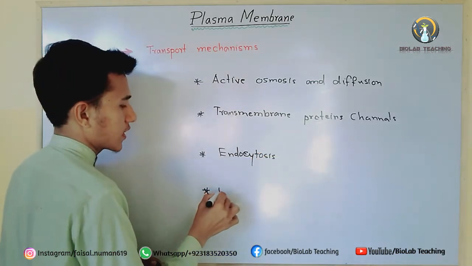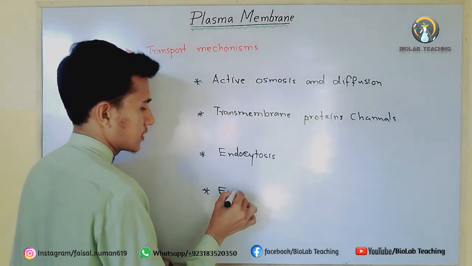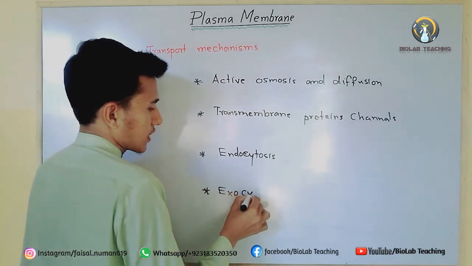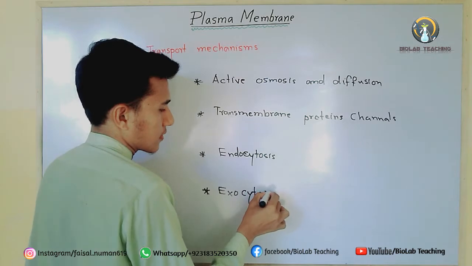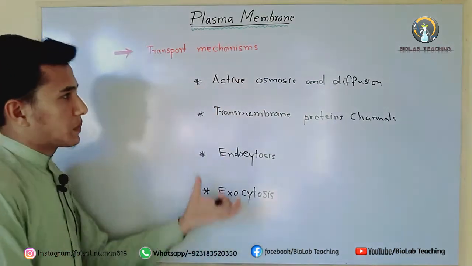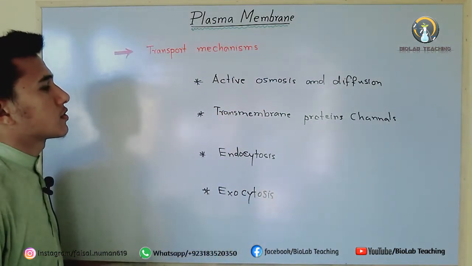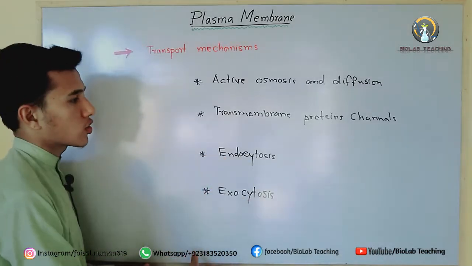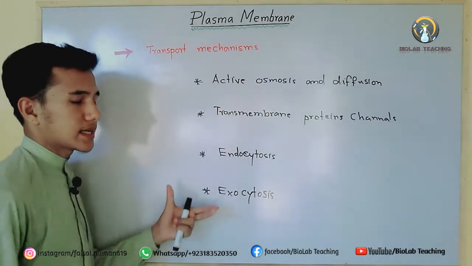And the fourth one is exocytosis. This is the fourth type of transport mechanism in a plasma membrane. Now we are going to discuss this in detail.